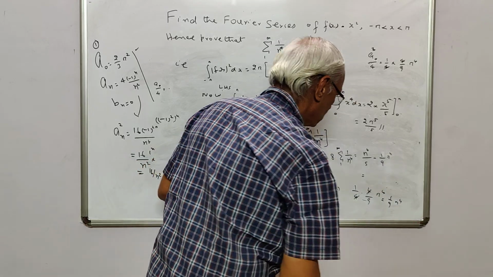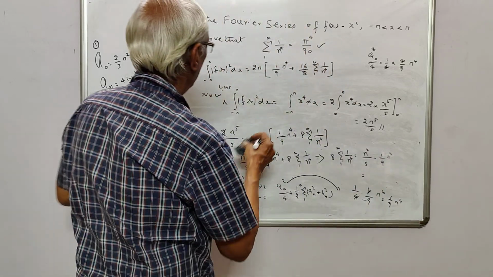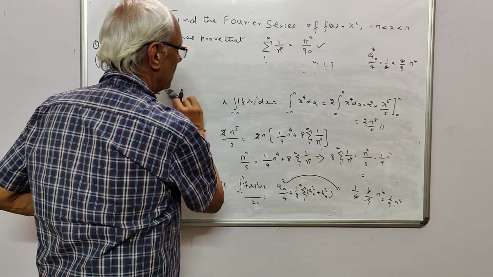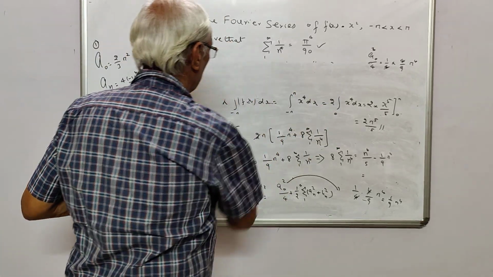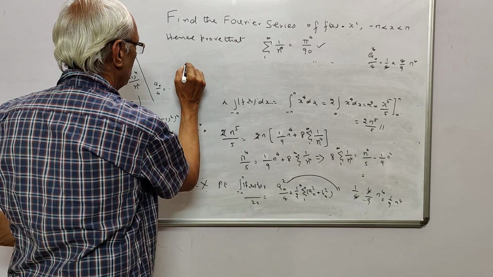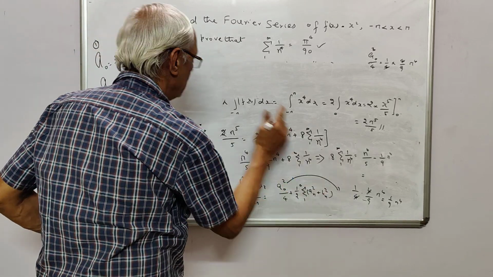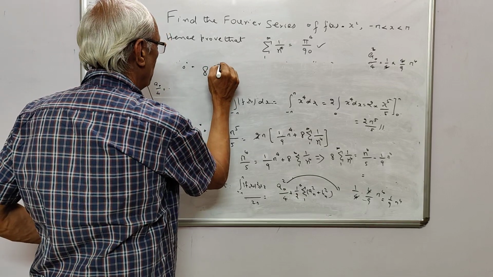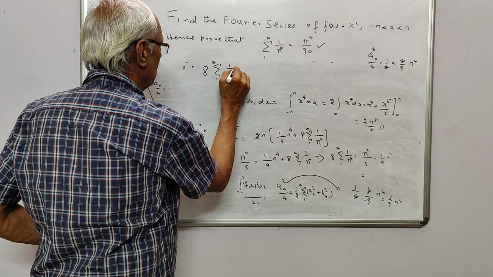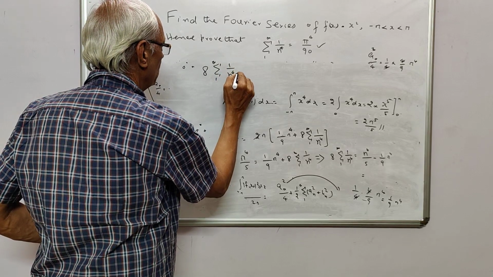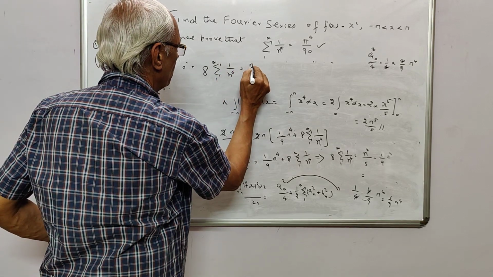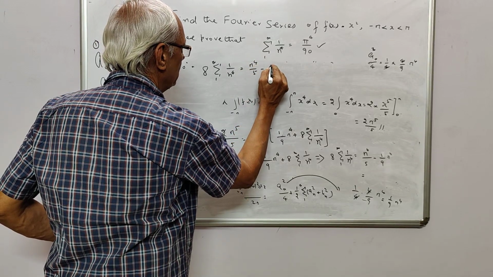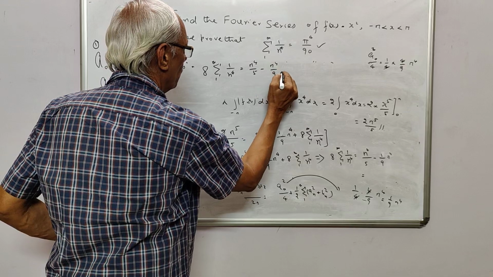So I will write here. Therefore here you have got 8 into the sum from 1 to infinity of 1 by n⁴ is equal to π⁴ by 5 minus π⁴ by 9.